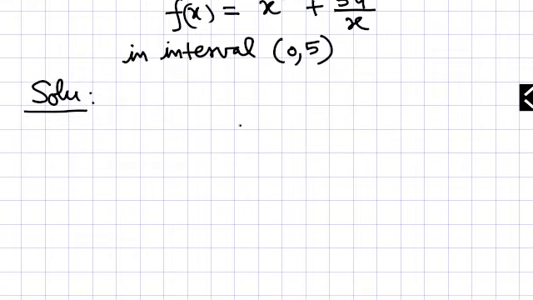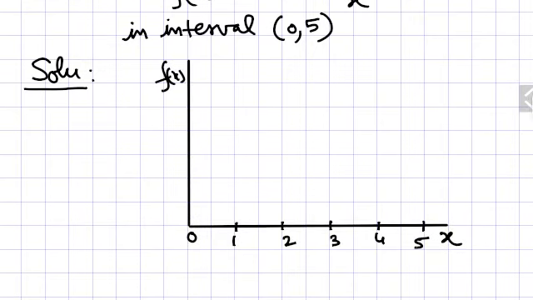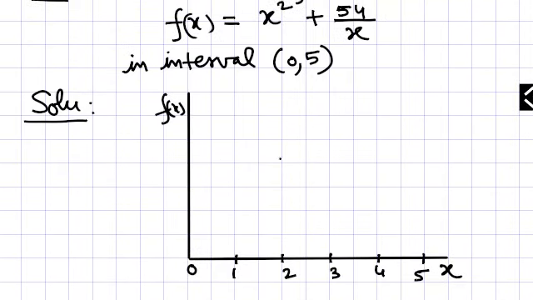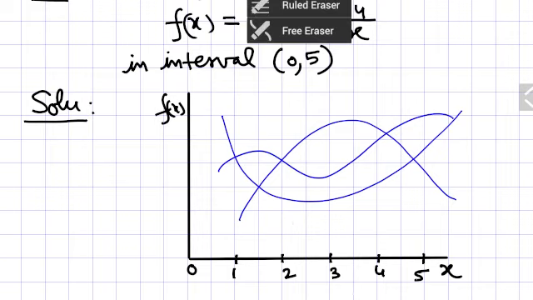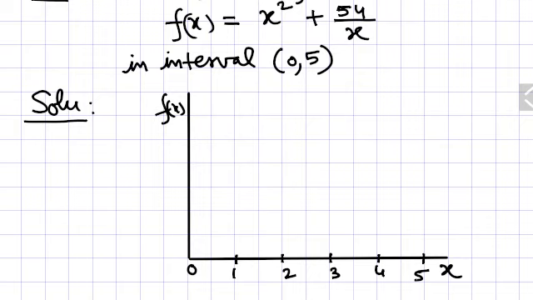I would just plot this. We don't know the behavior of the function here. It can be like this, or like this, or like this. The only thing we see is that we have been given the bracket 0 to 5. In between, you have to find whether there is some minimum value of this function or not.